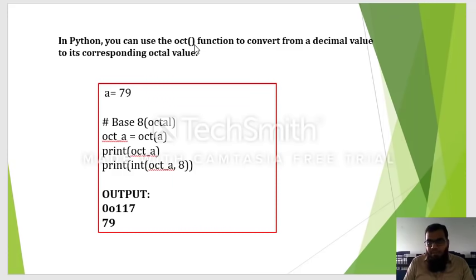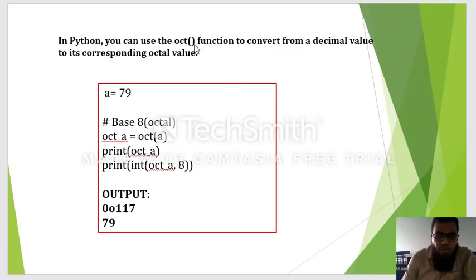Like in the previous case, bin is a function which is used to convert any decimal number into a binary number. We use a function bin, then brackets. Similarly, here we use oct for conversion into an octal number.